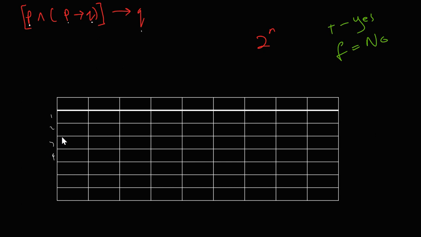The first column is for P and the column for Q. Okay, that is my Q, it looks like an A, forgive me. This one is a P. This could be true, false, true, false. Then Q alternates every two: true, true, false, false.